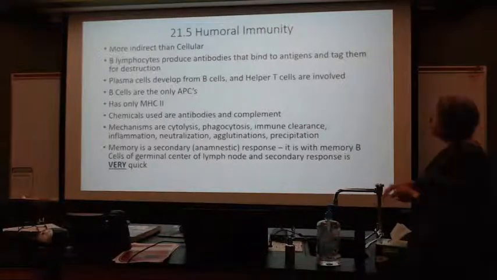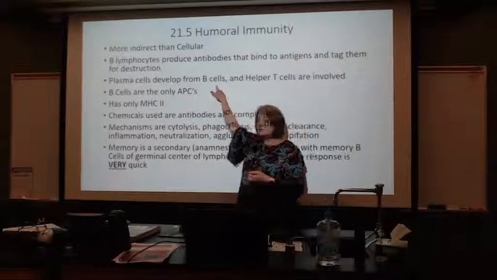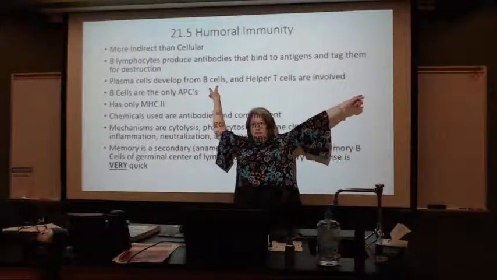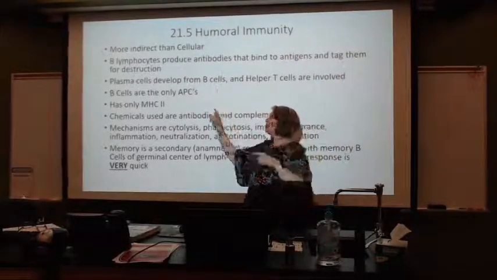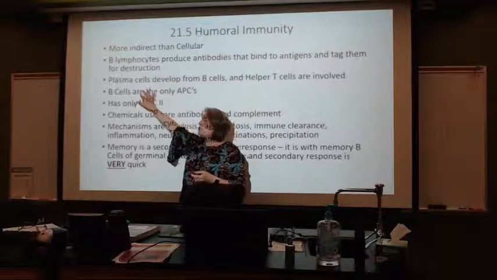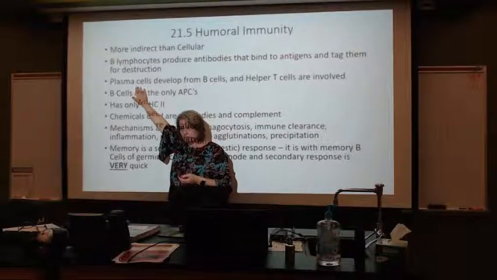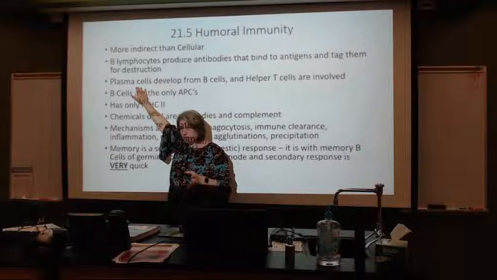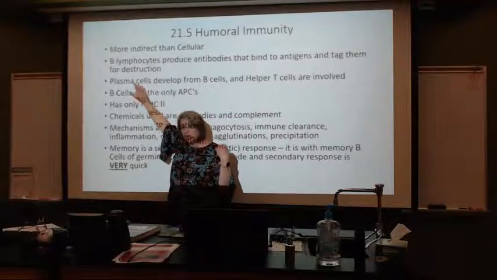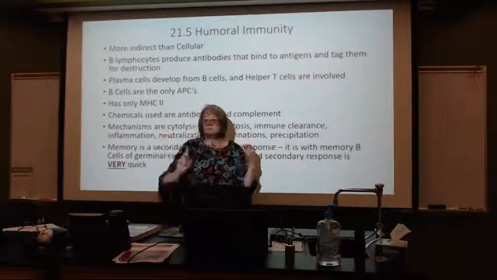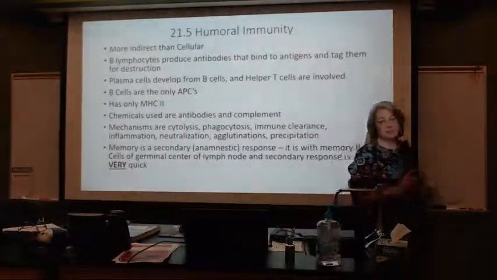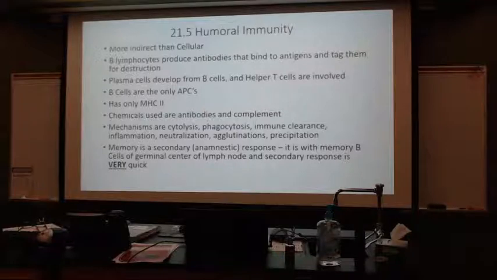So, B cells that have that ability to do that, we're going to see some plasma cells get developed. Did y'all notice that in the little PowerPoint presentation? Those are cells that are coming from B cells because they are going to get formed at that moment in time.